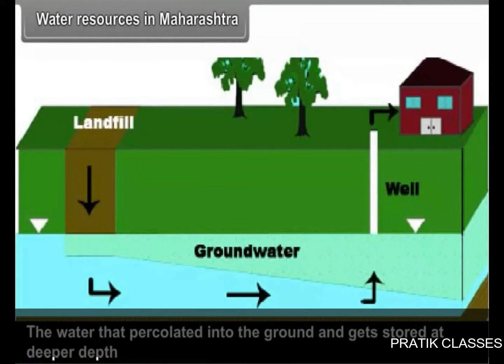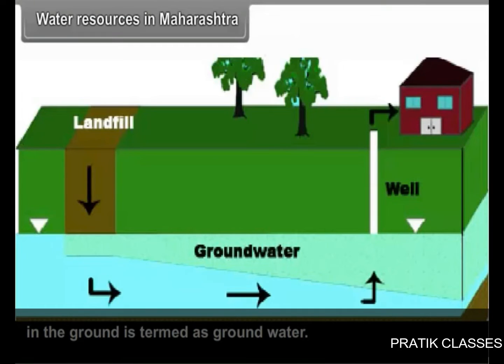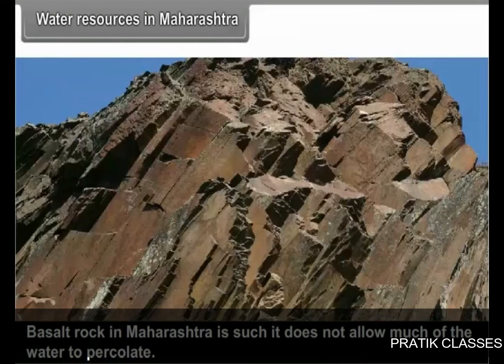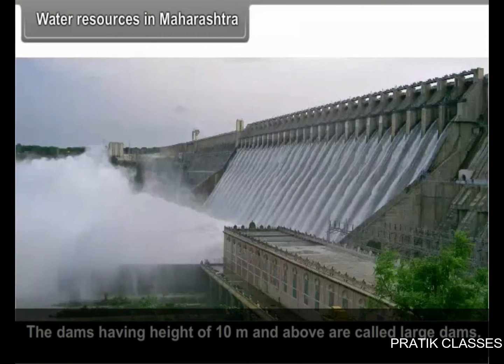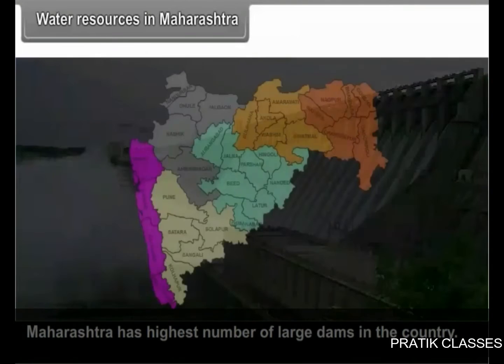The water that is percolated into the ground and gets stored at deeper depths in the ground is termed as groundwater. Basalt rock in Maharashtra is such that it does not allow much of the water to percolate. The dams having height of 10 meters and above are called large dams.